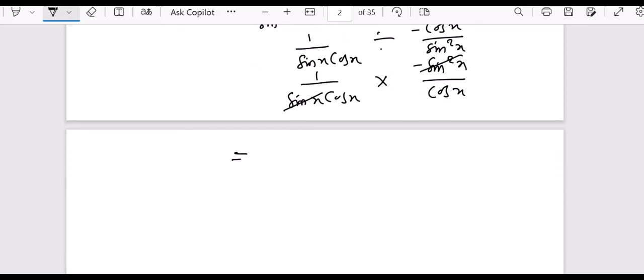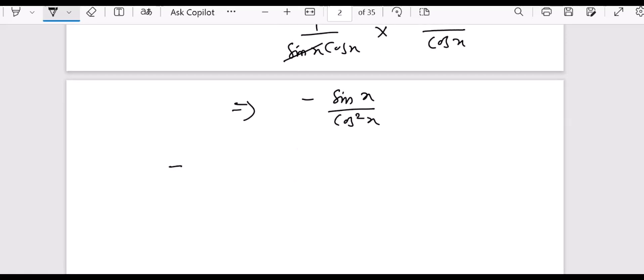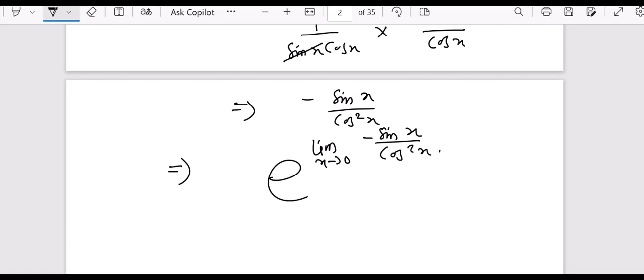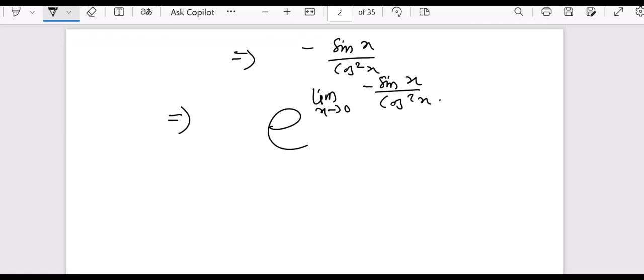This will imply that we have negative sine x over cos squared x, and so we can then write it as e power the limit as x goes to 0 of negative sine x all over cos squared x. And so we take the limit again.